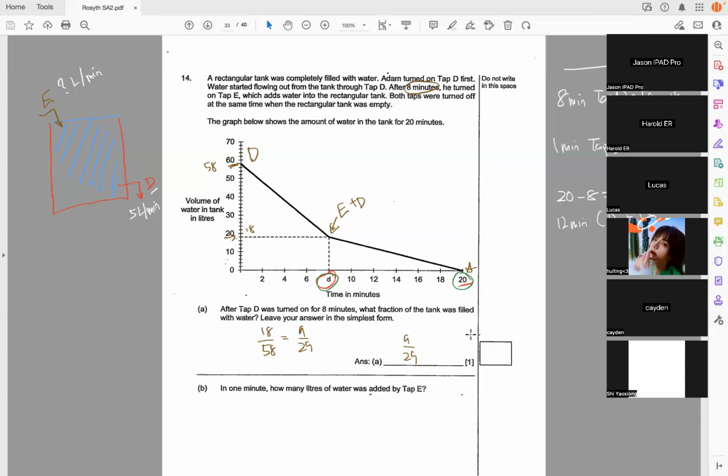During that 12 minutes, 18 liters of water has been drained out. Okay? From here. So in 12 minutes, 18 liters of water is drained out. So in 1 minute, how much water has been drained out? 18 divided by 12. 1.5 liters of water has been drained out.